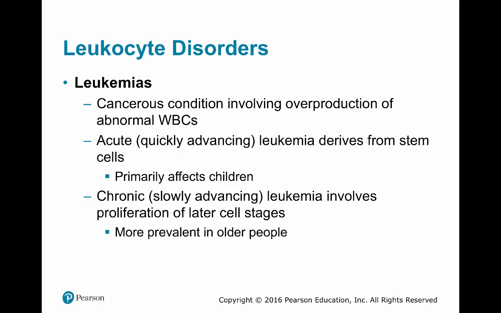And so when we're talking about leukocyte disorders, you have leukemias. Leukemias are basically cancerous conditions that result in an overproduction of abnormal white blood cells, or leukocytes, so they cannot function correctly. So you end up getting what's known as abnormally low white blood cells, which is leukopenia.